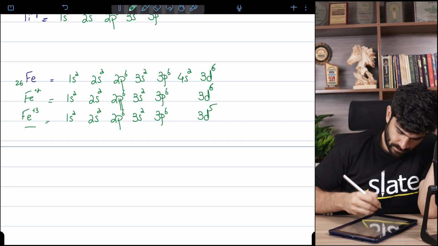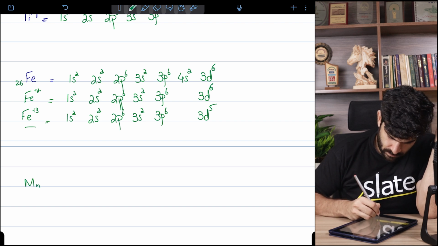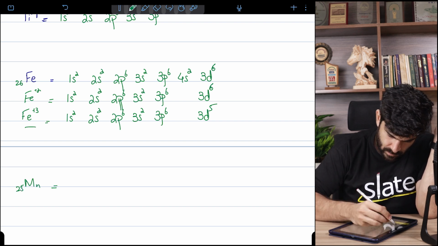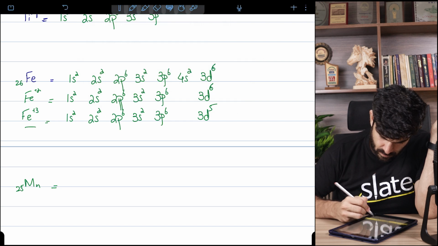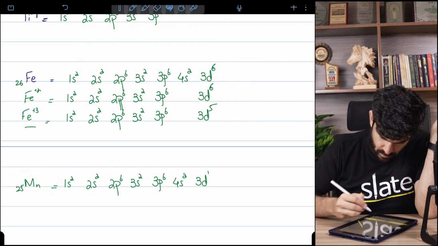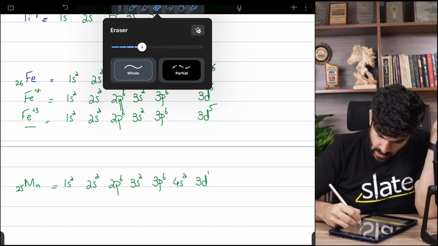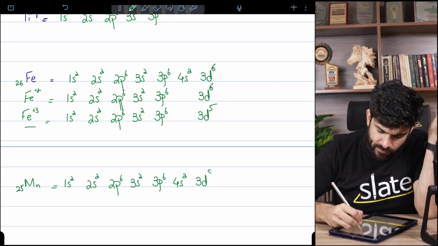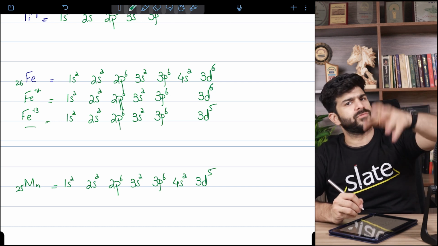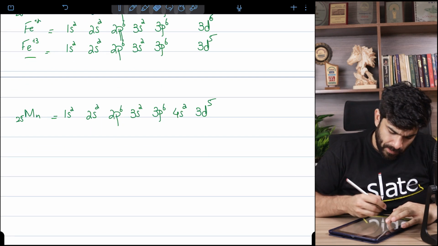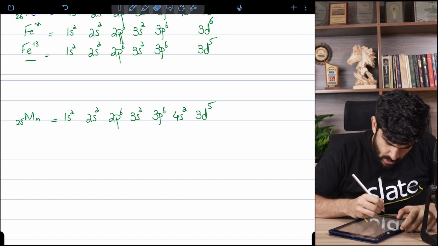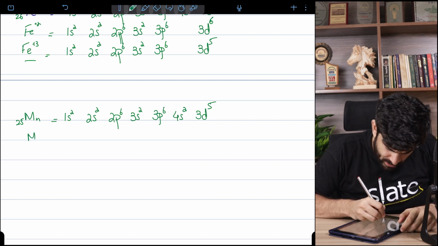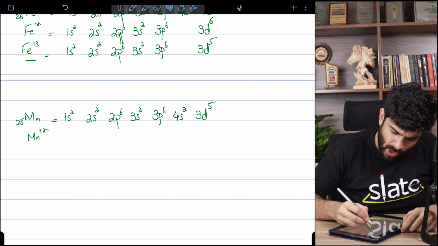Manganese. Manganese also has variable oxidation states, +2, +4, +7. But the major one is +2. So if we talk about Mn +2, again, you know what's going to happen.